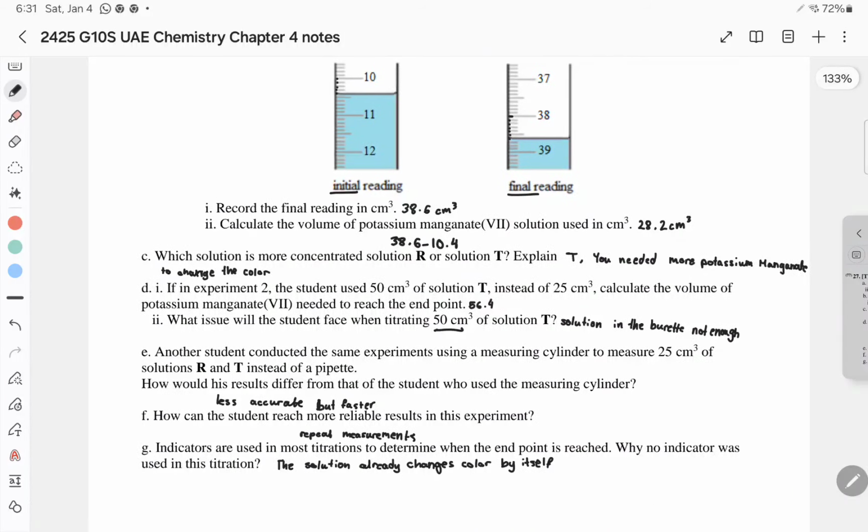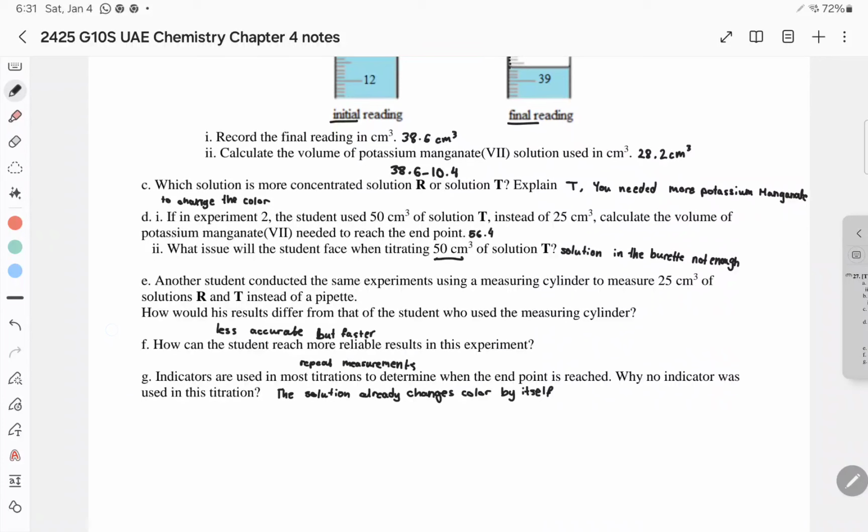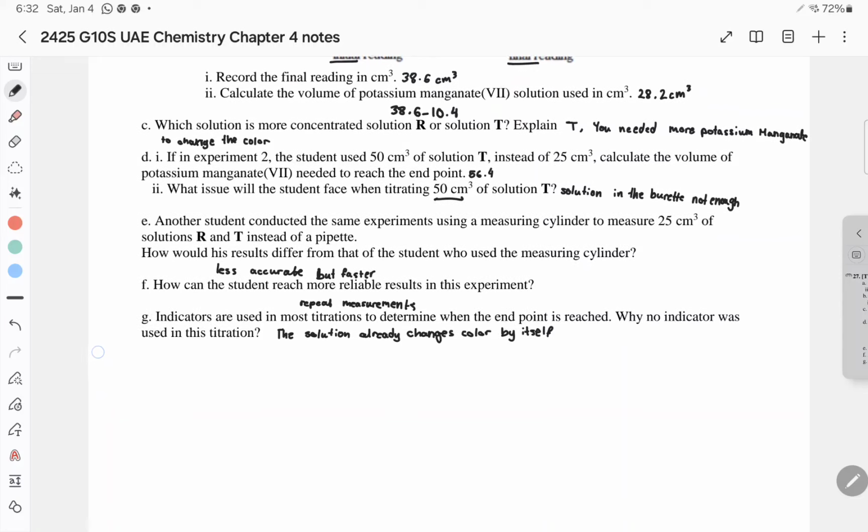And another student conducted the same experiments using a measuring cylinder instead of a pipette. How would their results differ? Of course, using a measuring cylinder is going to be way faster than using a pipette, but way less accurate because the pipette will be very, very accurate.